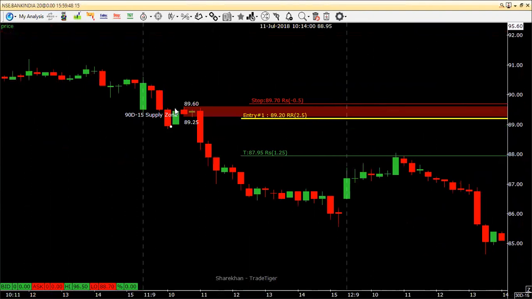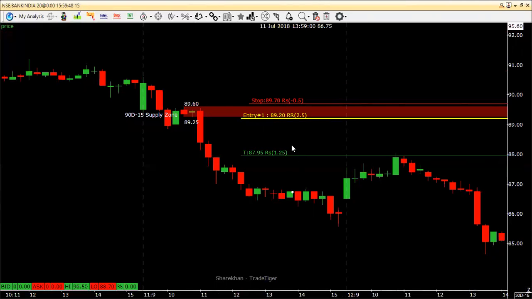This drop, a period of pause and a sharp drop, is an area of supply. So I marked this area of supply here and placed my entry price just below my supply and the stop loss just above the supply.